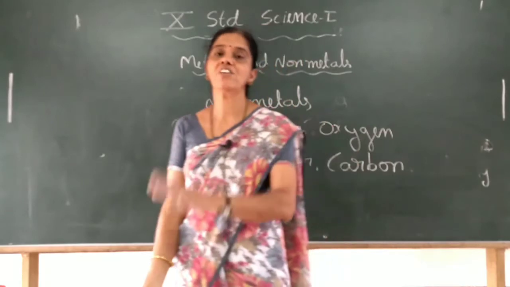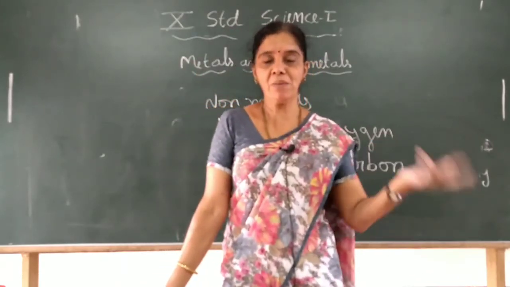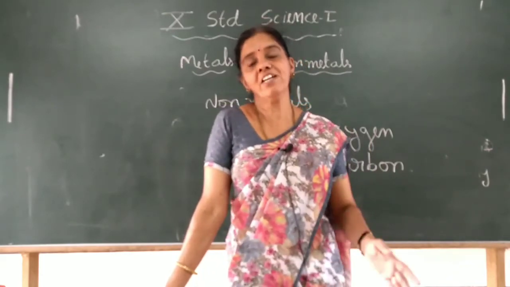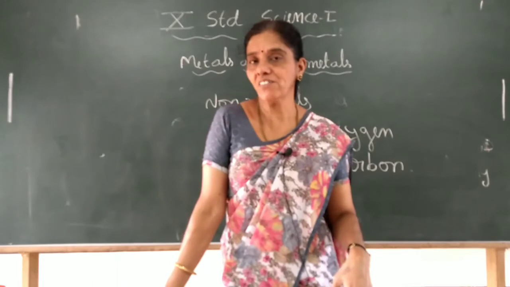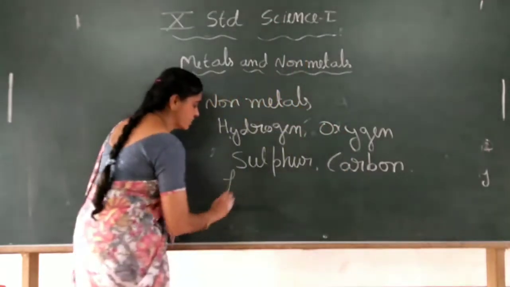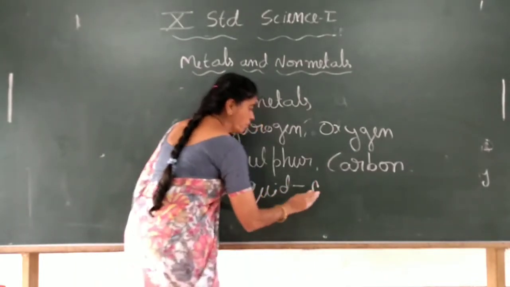They exist in solid, liquid, as well as gaseous form. Usually, most non-metals are present in a gaseous state. One non-metal is present in liquid form, and that is bromine.